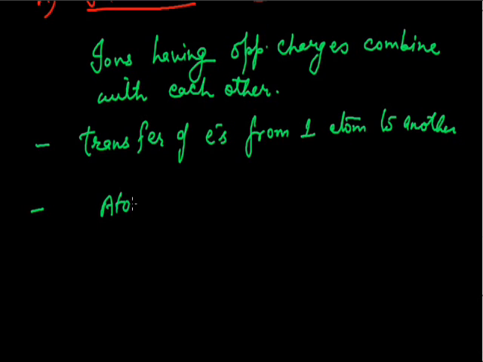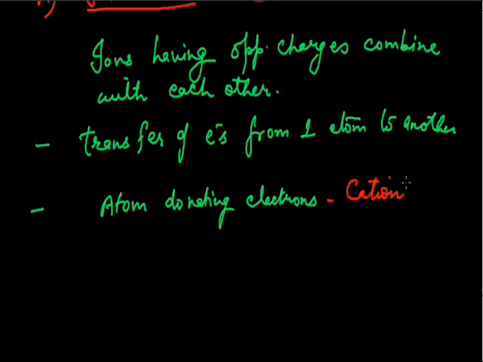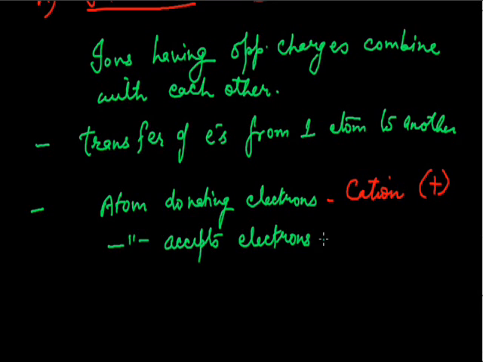The atom that donates the electrons possess a positive charge and is termed as cation, while the atom that accepts the electrons is termed as anion, and it holds a negative charge.